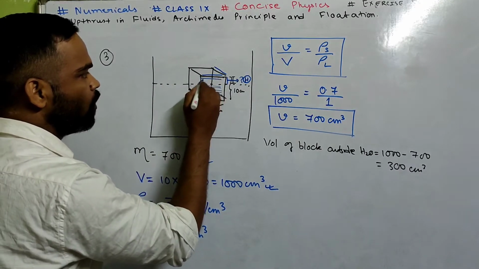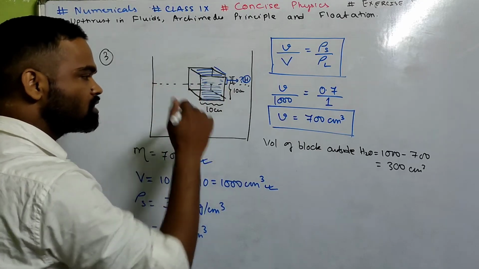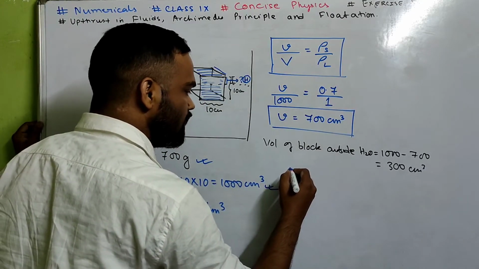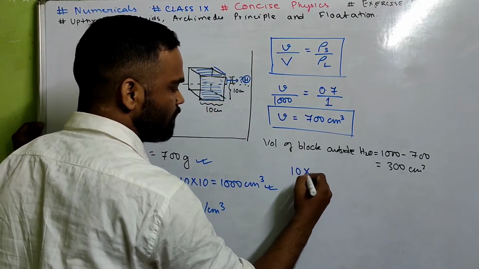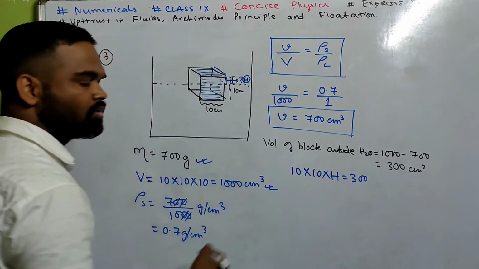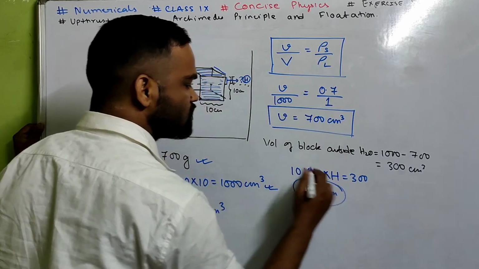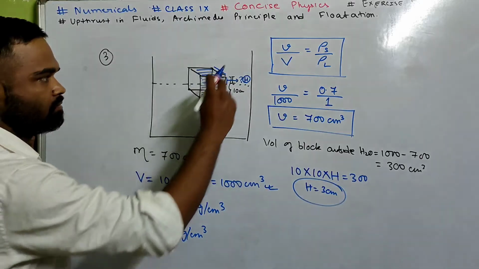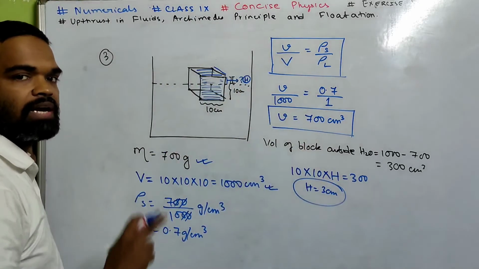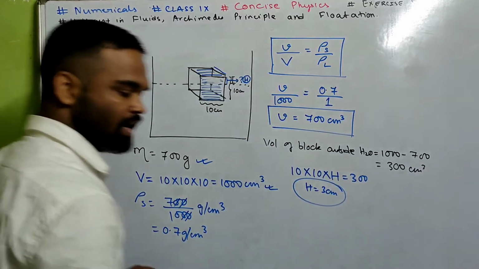Then the volume of the portion outside water will be length multiplied by breadth multiplied by height, which will be equal to 300. That means h is 3 centimeter, so 3 centimeter will be outside the water surface and 7 centimeter will be inside.